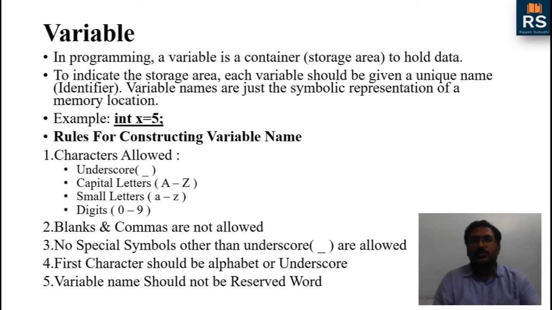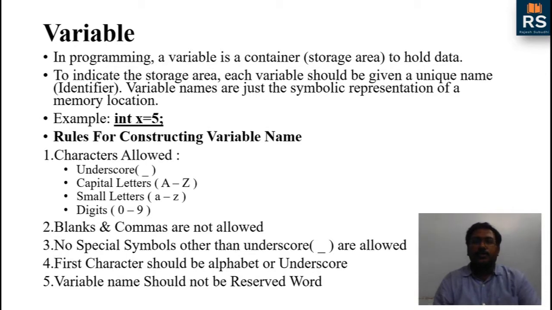int x = 5. So what is int x = 5? Here in this particular statement, x is a variable, 5 is the data which is going to be stored in that particular variable, and int is the type of variable, or int is the data type. We will read about data types in the next slides.